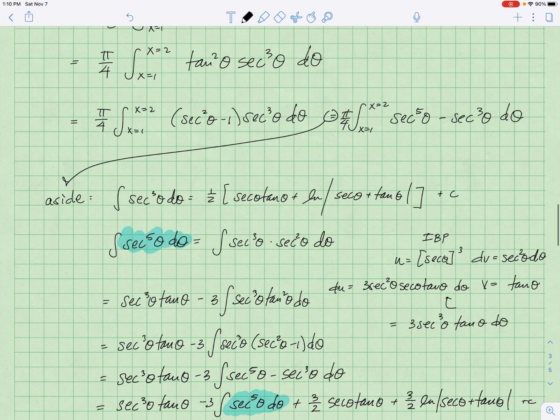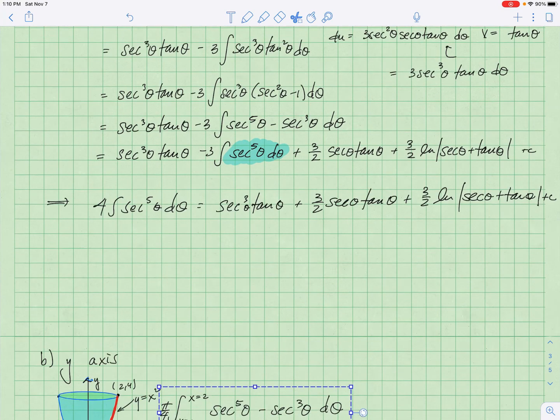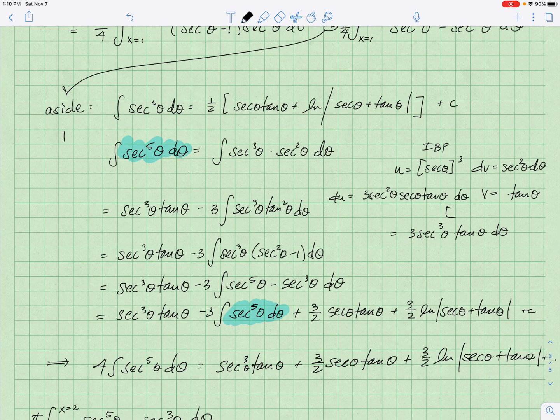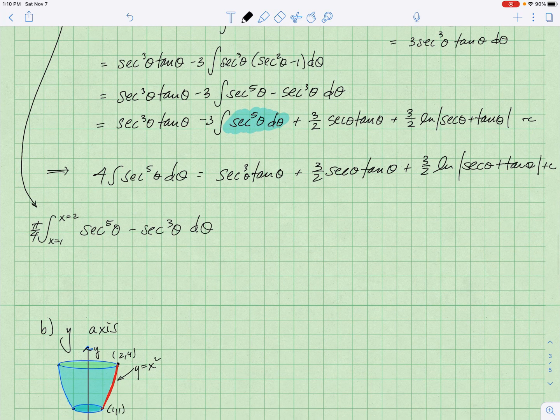So what were we working on? Remember, we were trying to do this integral. Let's see here. So duplicate. Let's bring this all the way down here. And so this is going to be equal to pi over 4 times the quantity, the integral of secant to the 5th, which is 1/4. Well, let's combine like terms here.